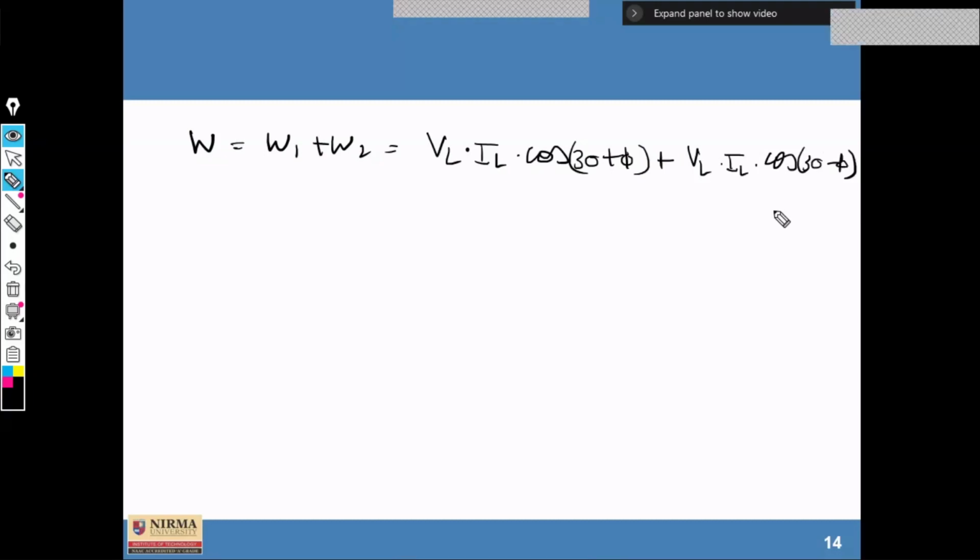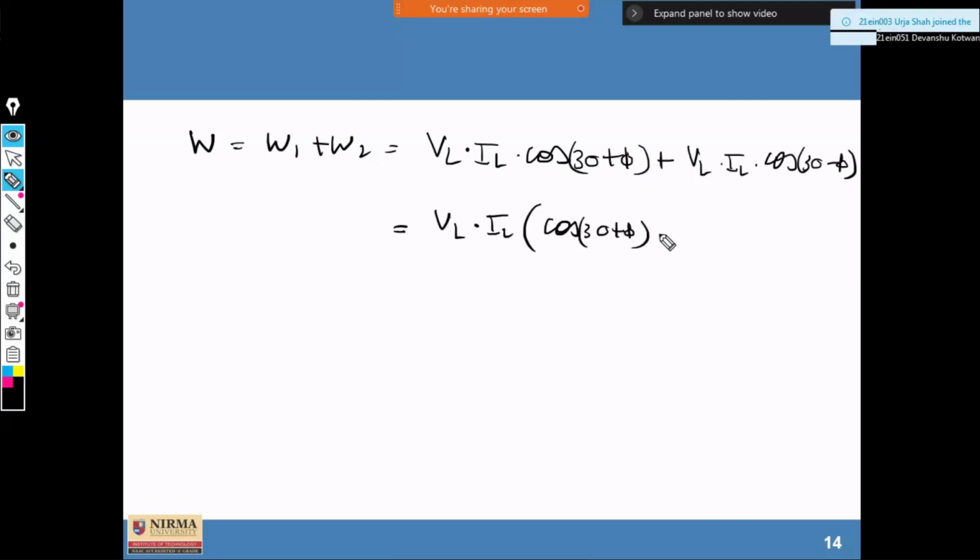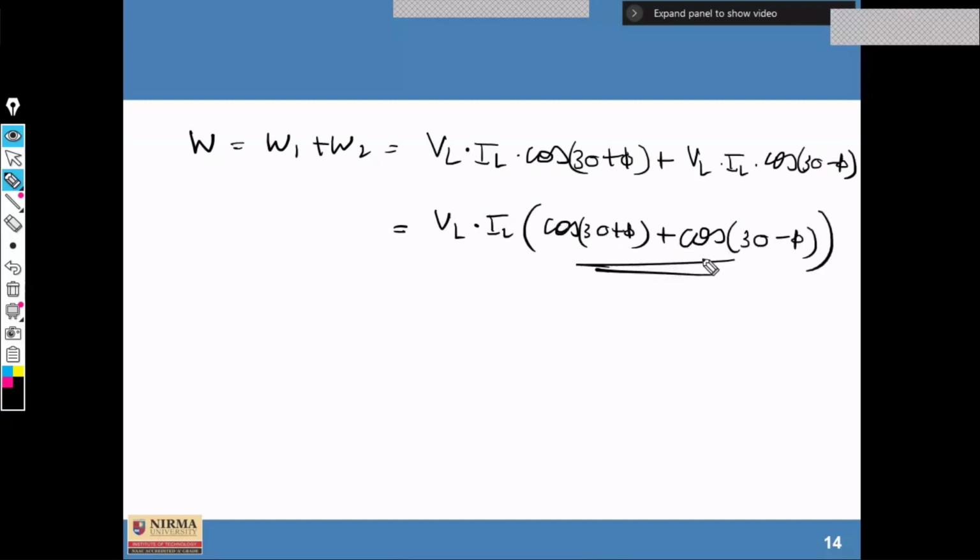And if we solve this, we can have VL IL into cos 30 plus 5 plus cos 30 minus 5. If we solve this, the equation will look like this: VLIL.